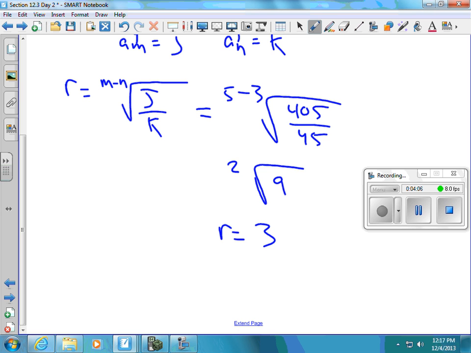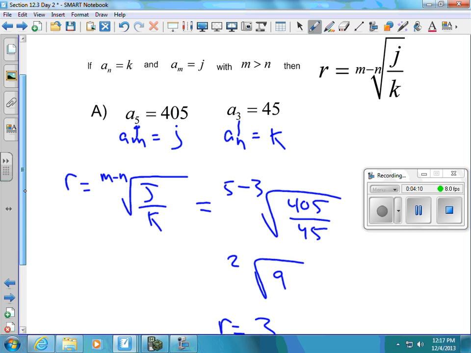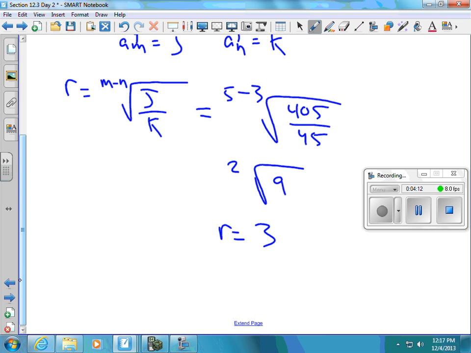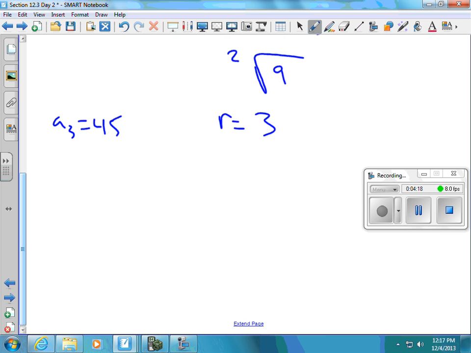So r is 3. Once we have r, we can go back and take one of these points. Let's take a sub 3 equals 45. That's just like our last slide. So let's try and find a sub 1. 45 goes in for a sub n. We don't know a sub 1. We do know that r is 3. And we do know that n is also 3 from here.